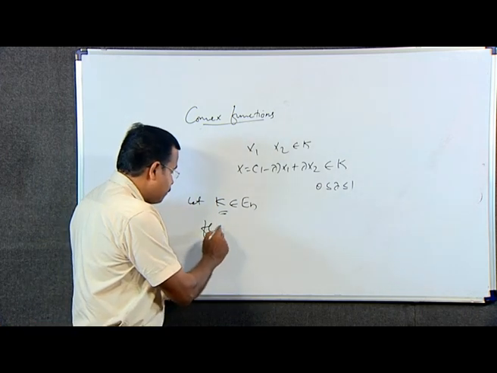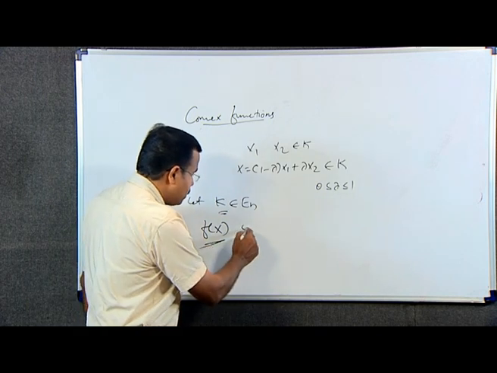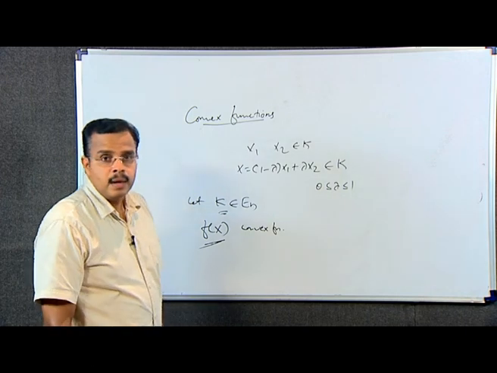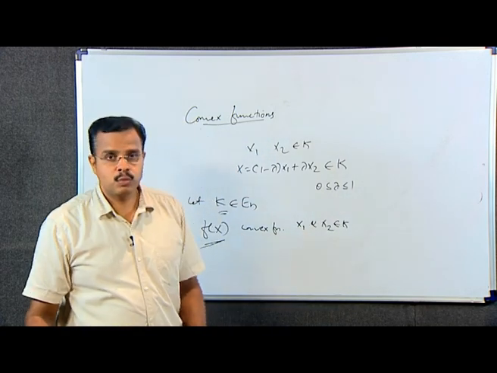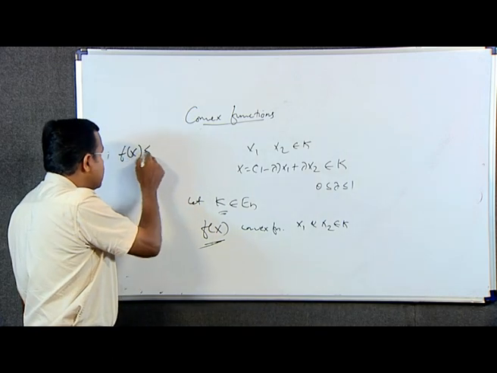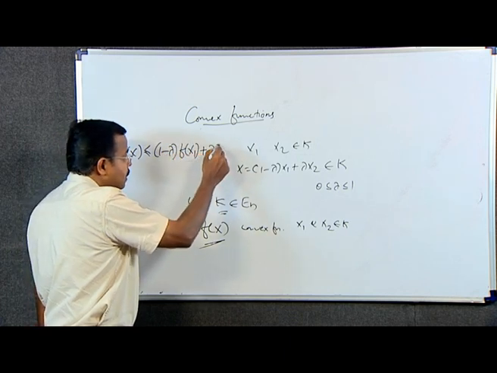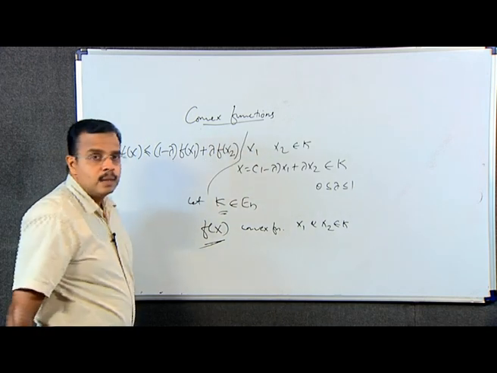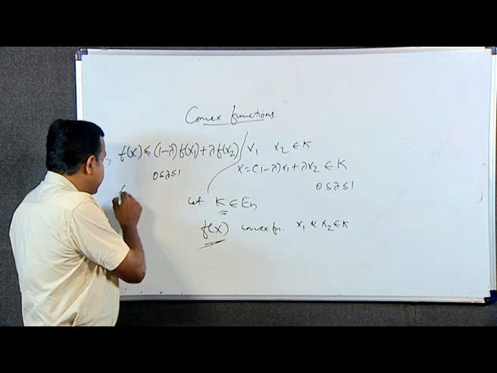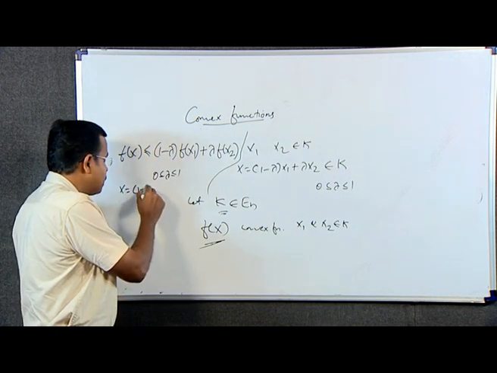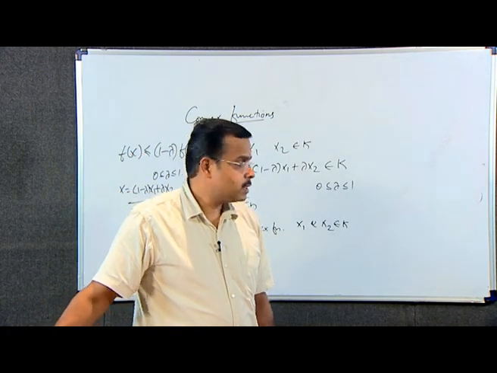Then a function f of x is said to be a convex function if for any 2 points x1 and x2 belonging to K, f of x is less than or equal to (1 minus lambda) times the function value at x1 plus lambda times the function value at x2, for 0 less than or equal to lambda less than or equal to 1, and for every x equal to (1 minus lambda) times x1 plus lambda times x2. Then the function f of x is called a convex function.